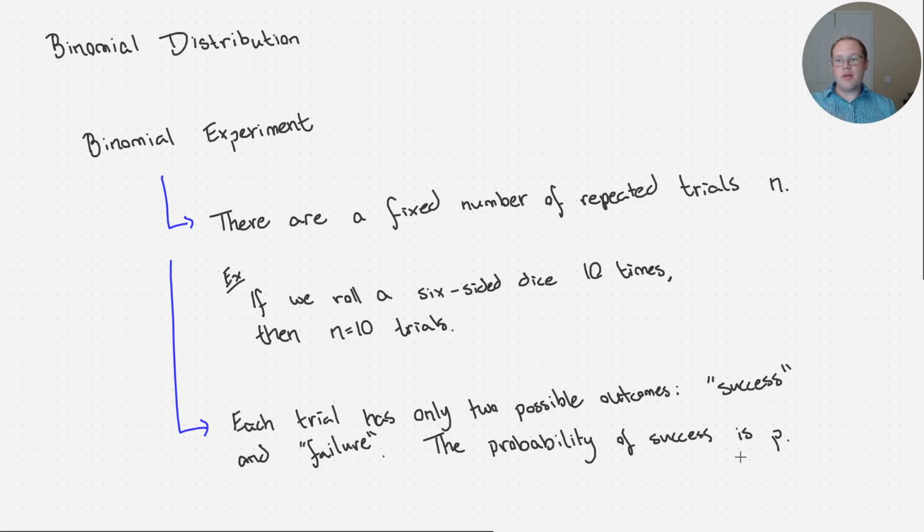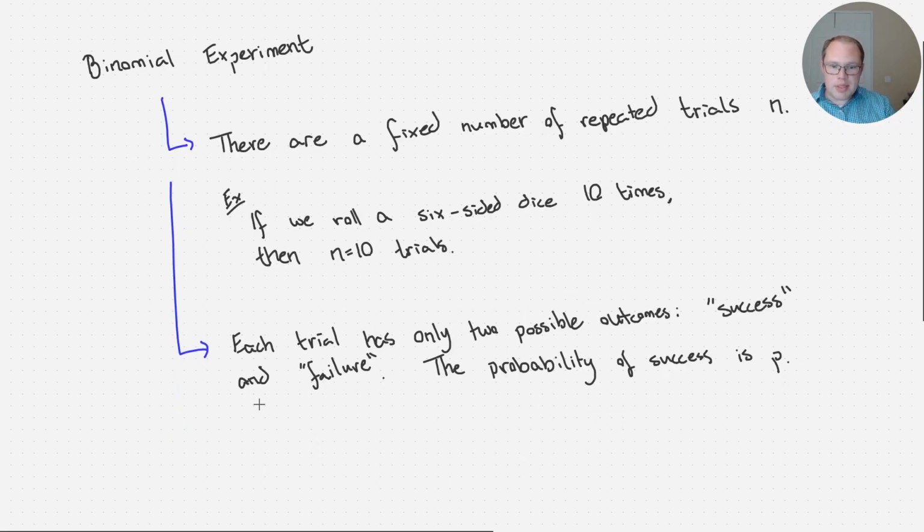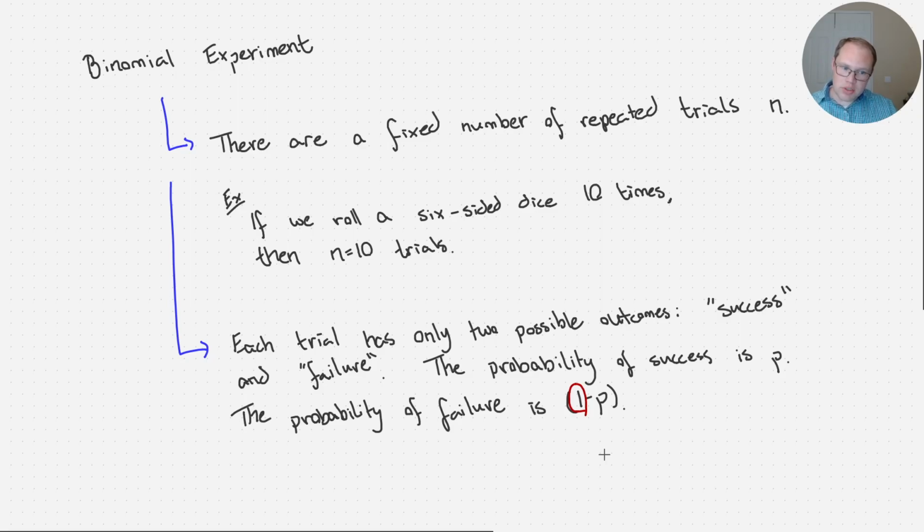So if we look at the probability of success and probability of failure together, it must be 100% of all the outcomes of this particular trial. So the probability of failure is 1 minus p, because 100% represents all, the chance that anything happens at all.